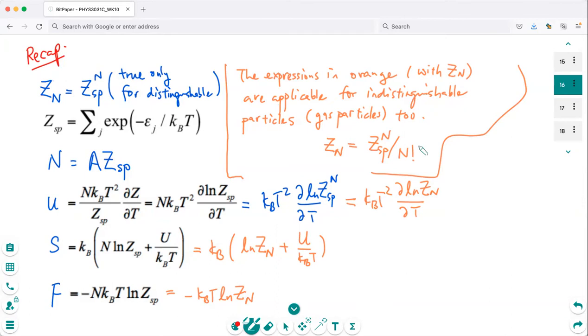Because we are going to finish this chapter today and we are entering the new chapter on indistinguishable particles, and there we really will have to play with the partition function again, and you discover this relationship between the partition function of the entire system and the partition function of a single particle. Okay, so as just a reminder, we are still talking about distinguishable particles at the moment, and for distinguishable particles you have 2 different ways to view the same problem.